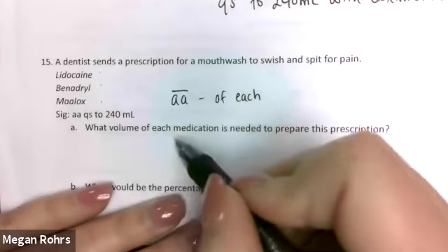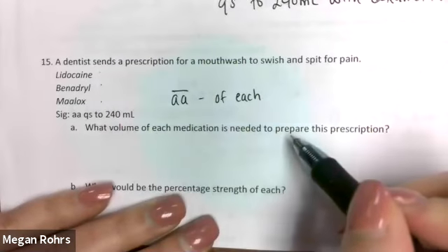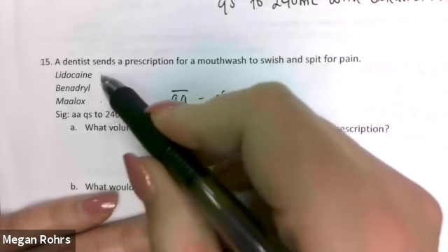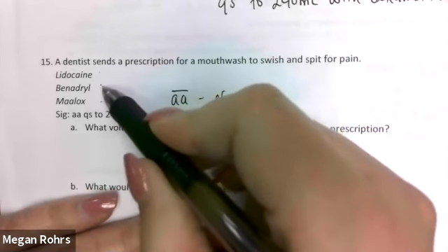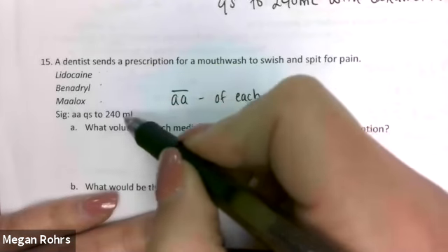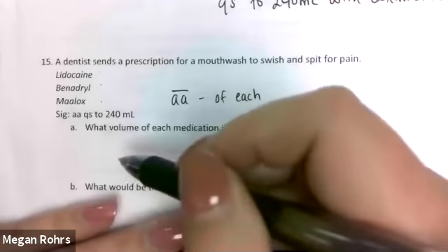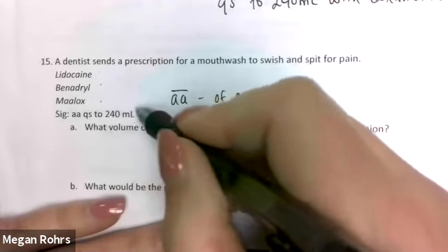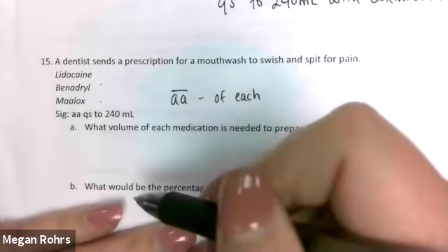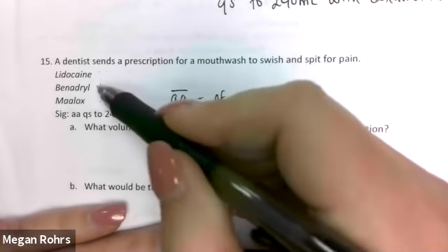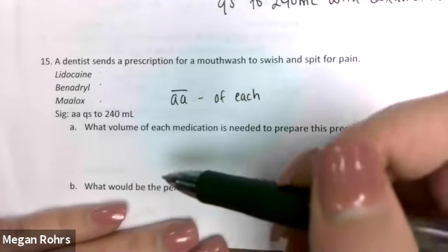So it says, what volume of each medication is needed to make this prescription? Well, I know that there are 3 different ingredients and I need equal parts of each of them. So all we really have to do is take our total volume and divide that by 3 because we have 3 different ingredients.